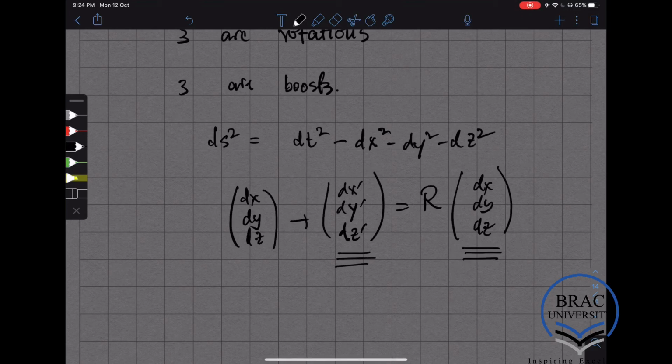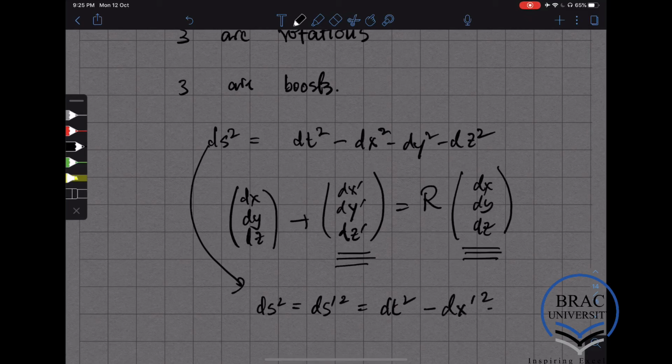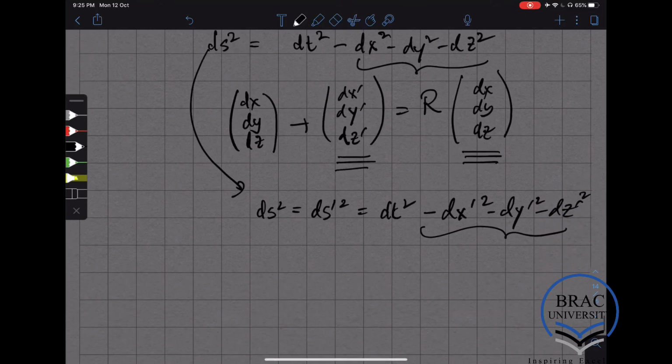So in other words, if I make a rotation, ds squared is going to be equal to ds prime squared. But here the dt part doesn't change. What changes are the spatial parts. So under rotation, these things don't change, but this part is equal to this part. And for that to happen, the rotation matrices have to be orthogonal matrices.